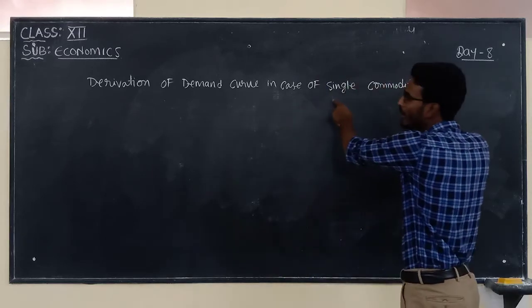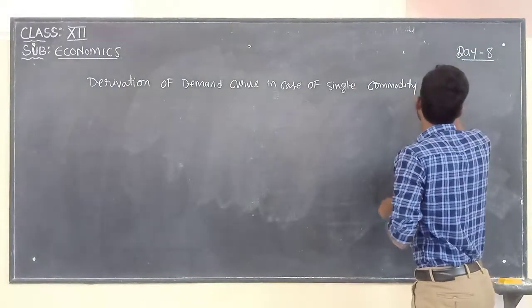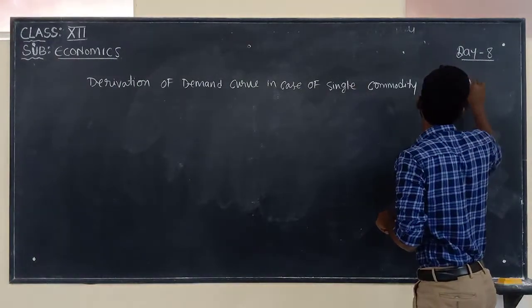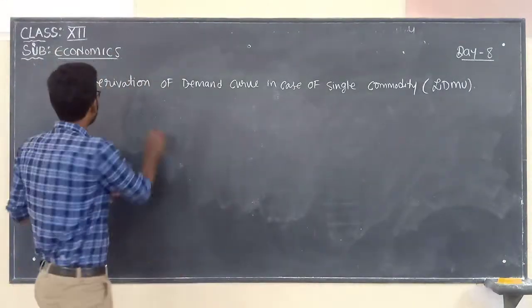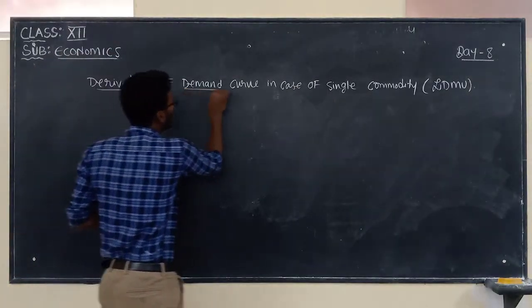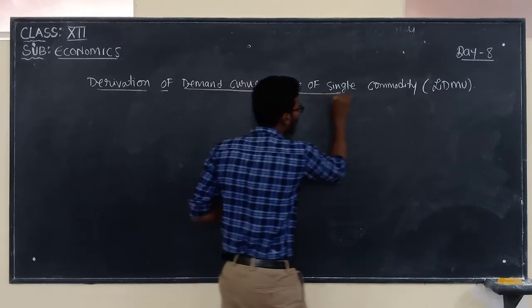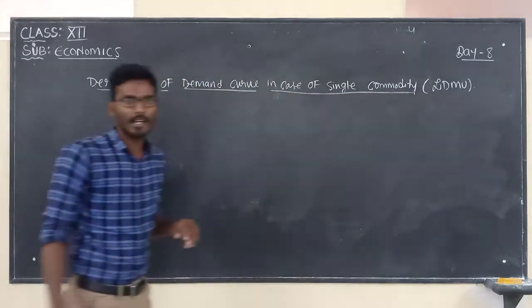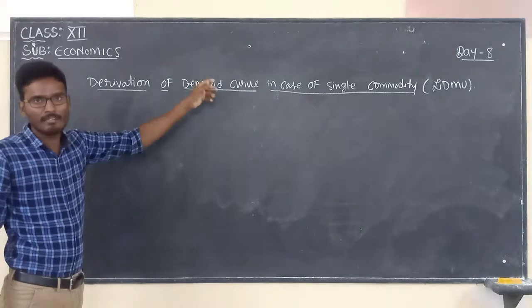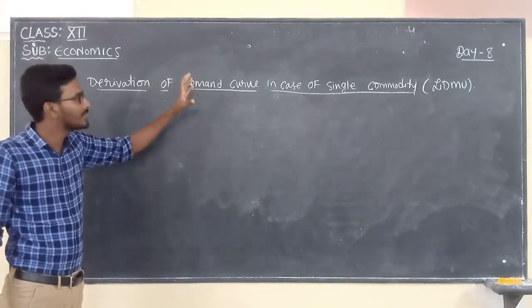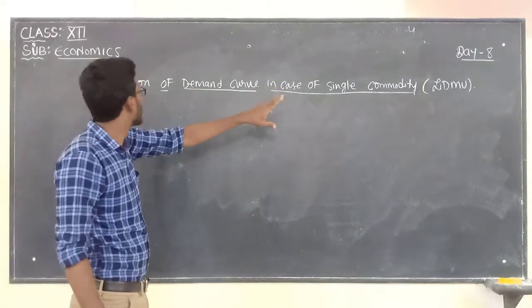Single commodity means it is nothing but the law of diminishing marginal utility. This is the concept we are going to deal with now. In case of a single commodity, how is the demand curve derived?